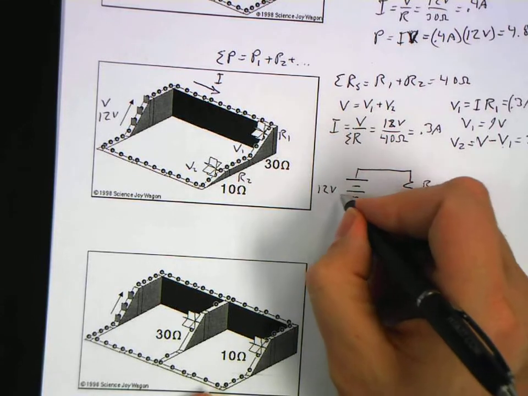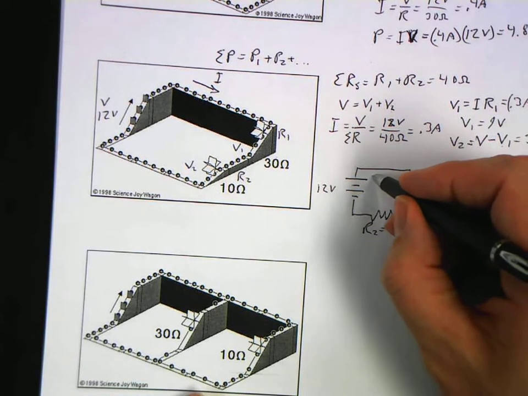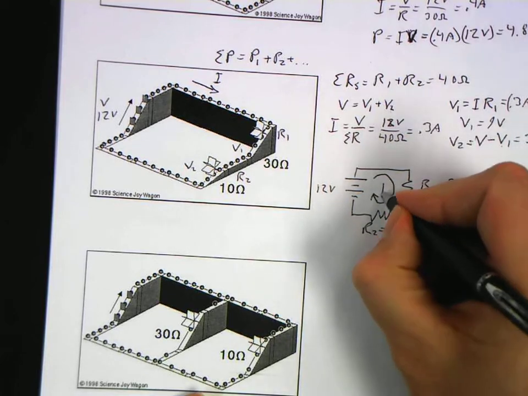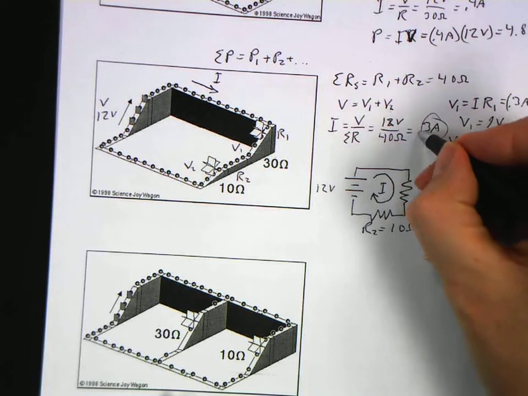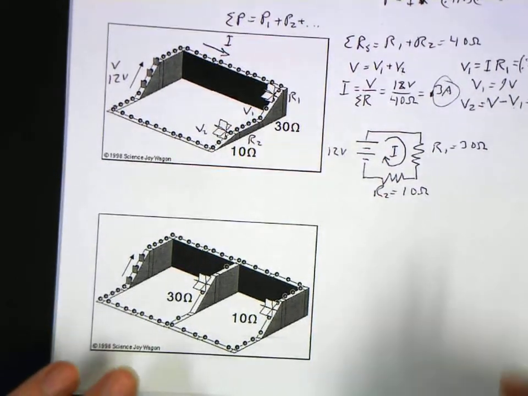And this was my 12 volt battery over there. And of course, my current is coming out of the positive towards the negative for one value of current around the whole thing, which was 0.3 amps.